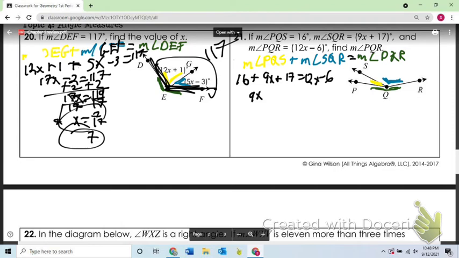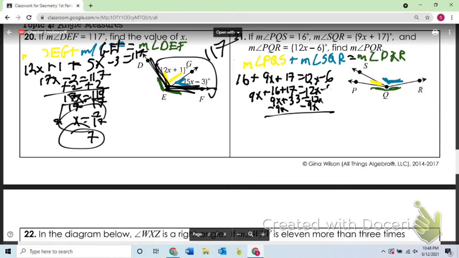So I combine like terms. 9x plus 16 plus 17, apparently I'm rewriting it to put everything together, and that's going to be 33. Subtract 9x from both sides.